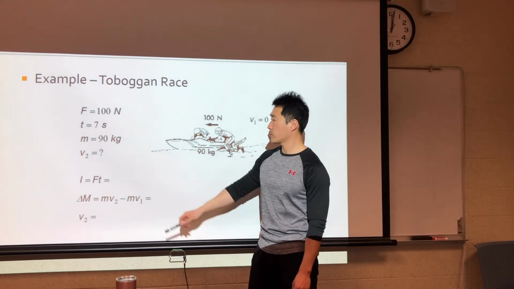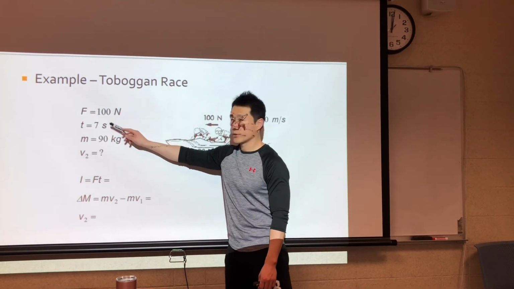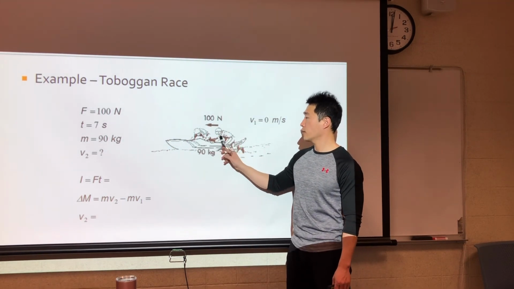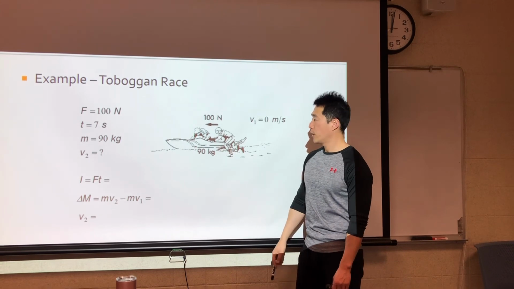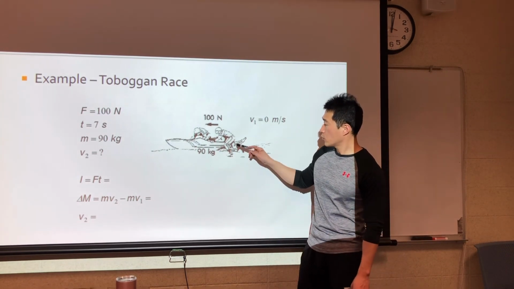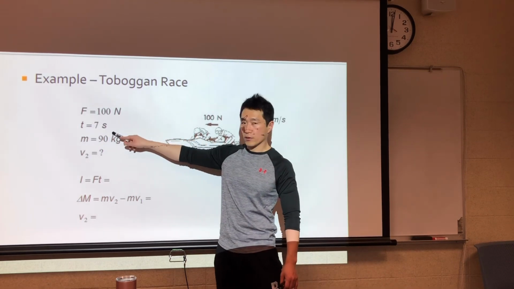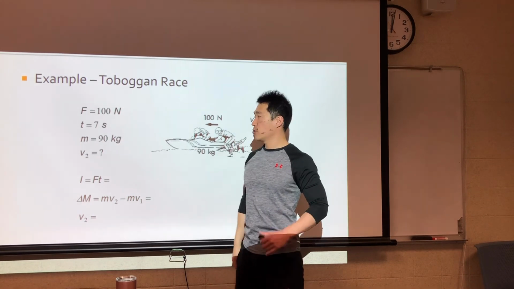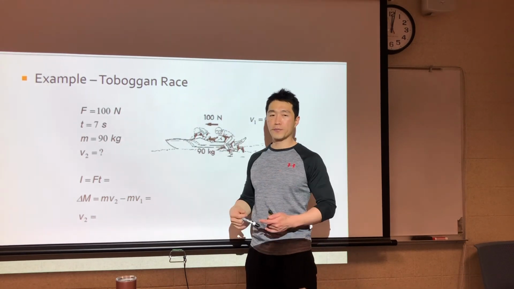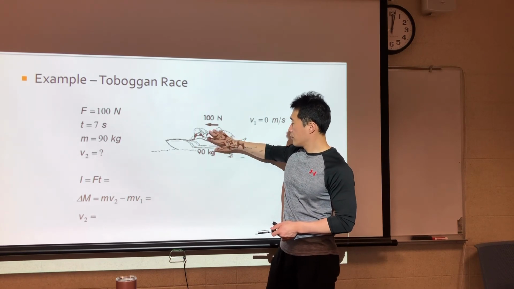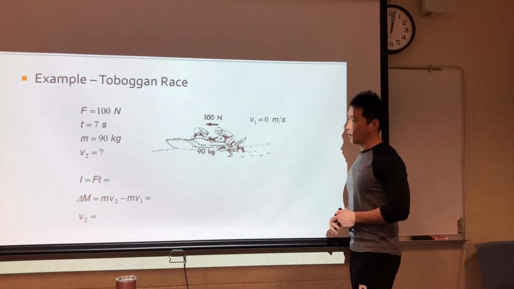All the information provided here: this force, 100 Newton, is coming from them. Their force. And they applied this amount of force to this toboggan for 7 seconds. If you multiply these two, force times time, that will give you the total amount of impulse generated by these two players.